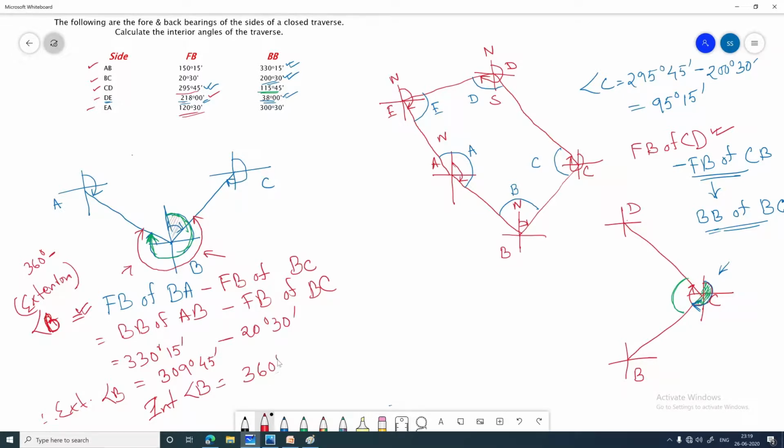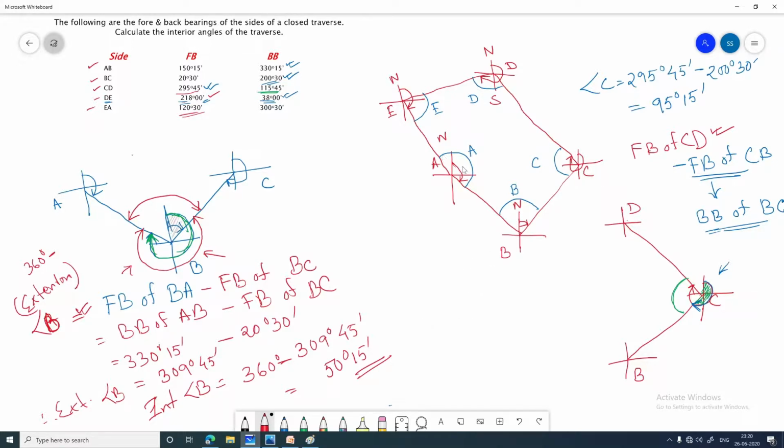Simply 360 degree minus exterior, because the red marked angle is what we need to calculate as the interior. So 360 degree minus 309 degree 45 minutes, and the value will be 50 degree 15 minutes. Okay, understood? Now we got the value of angle B.